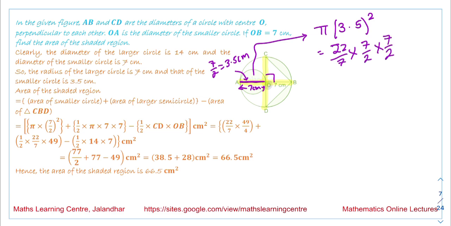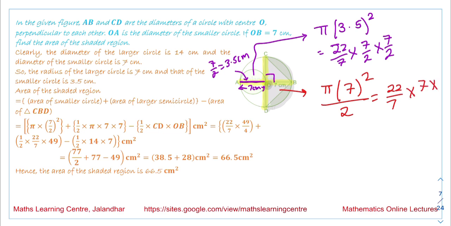This is the area of this circle. Second, we are talking about the area of this semicircle over here. The area of this portion will be pi into radius, which is 7, square, and it is half of this, so it is 22 by 7 into 7 into 7 by 2, so it is 11.